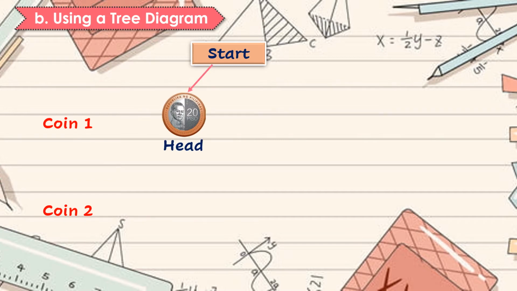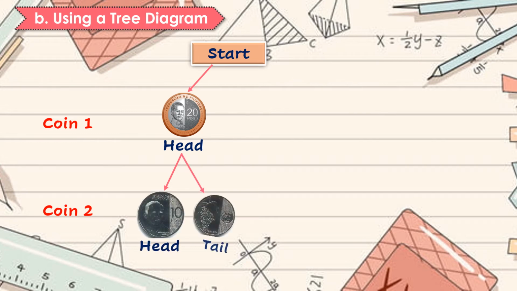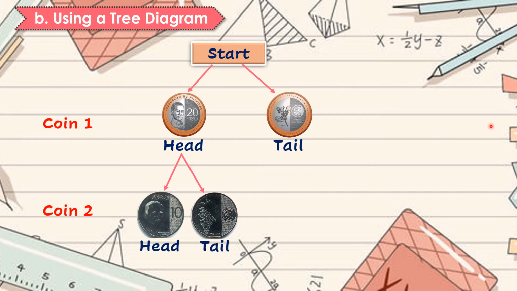So, for our first coin, kung ang outcome after tossing it is a head, then ang second coin ay pwedeng head or tail. So, it will become head-head, and then head-tail. Diba? And then another, kung ang first coin naman natin ay tail, then sa second coin, pwedeng ang lumabas ay head, pwede rin namang tail.